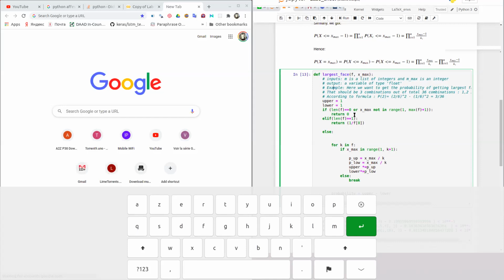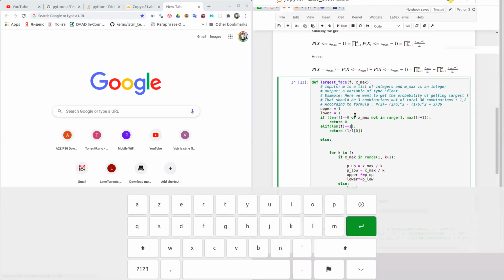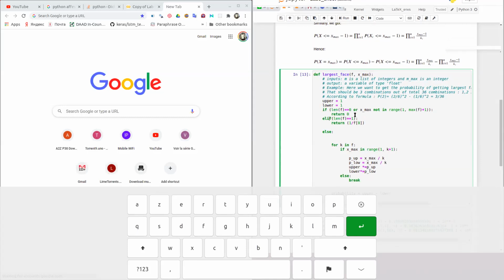If length of F is equal, can you zoom in a little bit? Actually, can you copy this and put it in my Colab code so I can read it along with you? Okay, a minute.